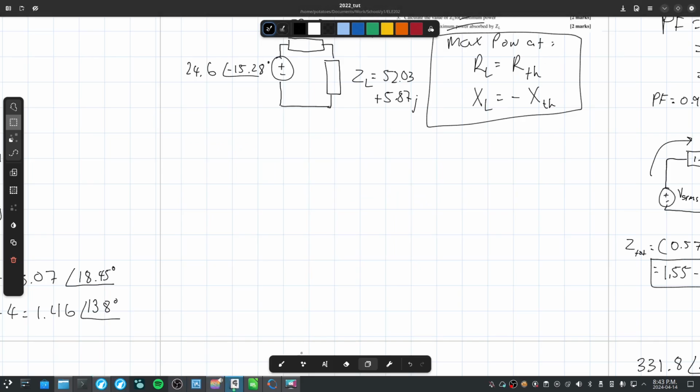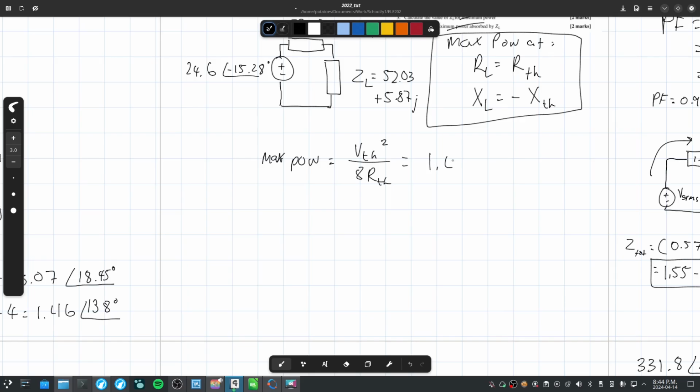The formula is, as given, that the max power is equal to VTH squared over 8 RTH. Actually, just RTH, yeah. You have to memorize that. So just do that.